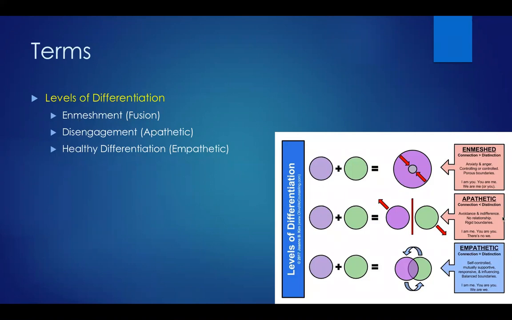There's no real connection between two people in the family. There's sort of cold and distant relationships, but they're not very close. And then the healthy differentiation, which is sort of a mix of the two, where there's some empathy, you can have connection at times and separation at times. You can be close, you can be far, that you're individual people, but you can still come together for certain family functions.